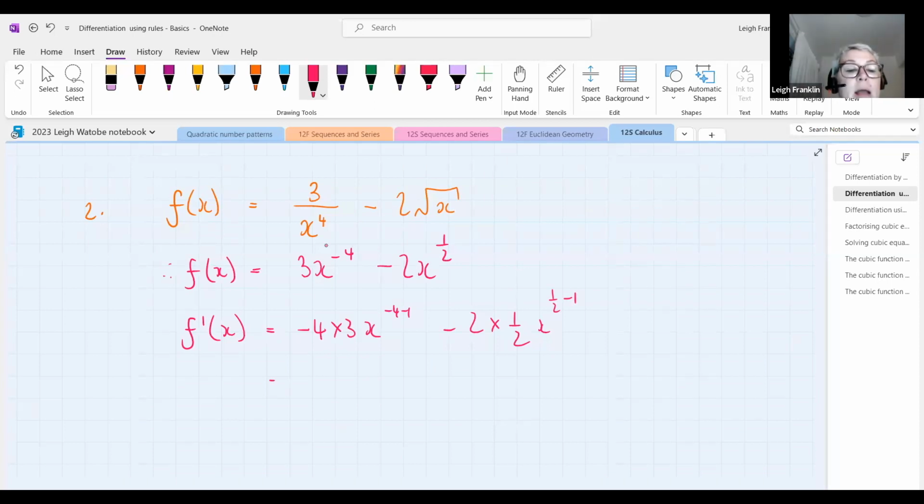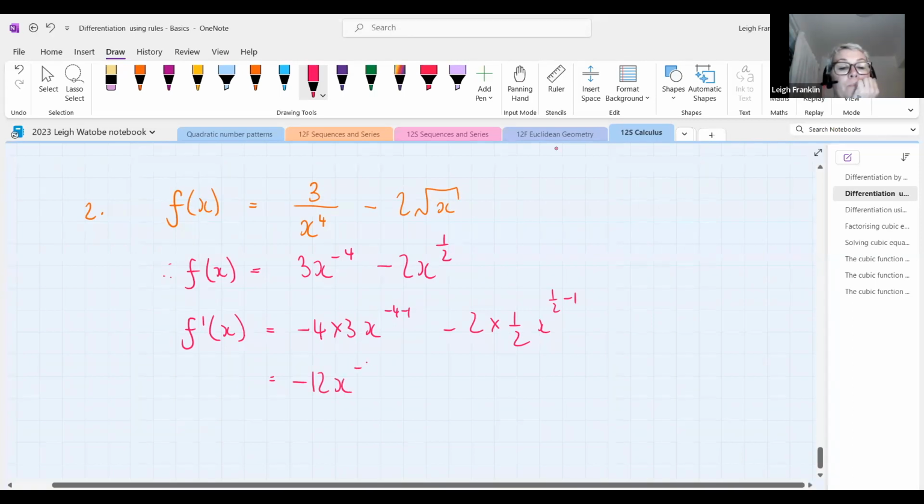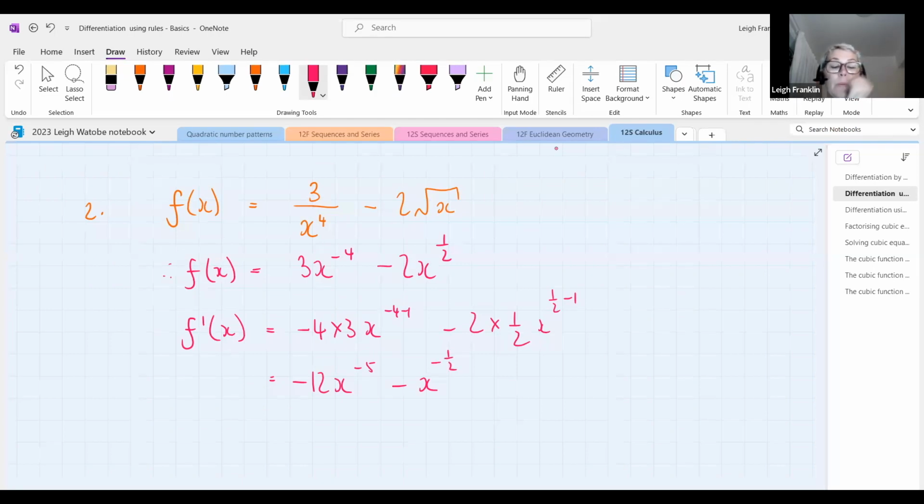When you simplify all of that, what would you end up with? Negative 12 x to the exponent negative 5, minus x to the exponent negative half. Well done. Excellent. Good work, everybody.